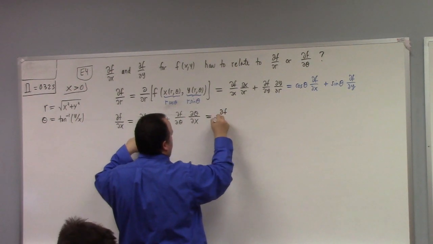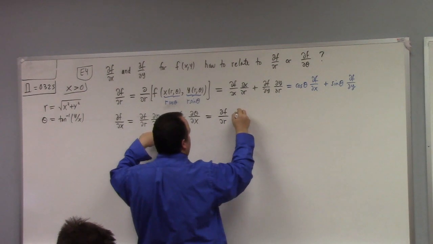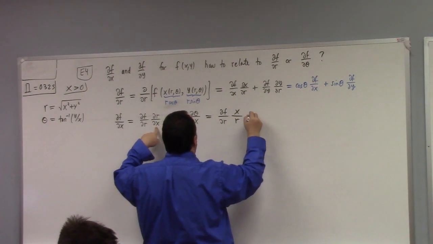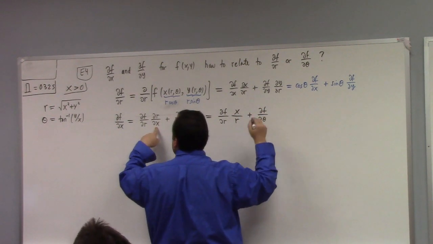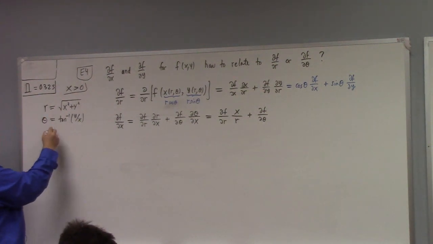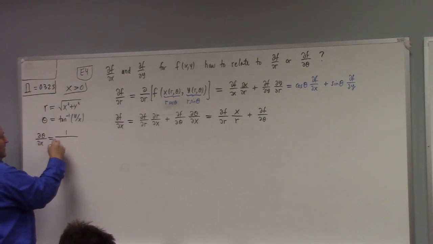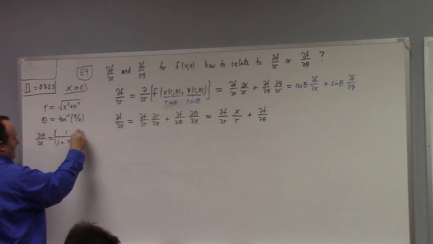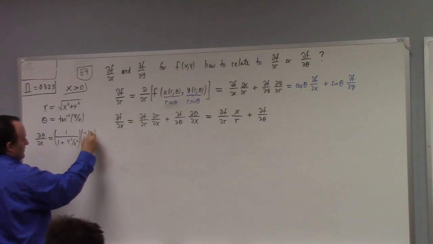So you've got partial f partial r. Partial r partial x would actually be x over r, right? And then we've got plus partial f partial theta. Let's see here, what is partial theta partial x equal to? 1 over 1 plus y squared over x squared times minus y over x squared.